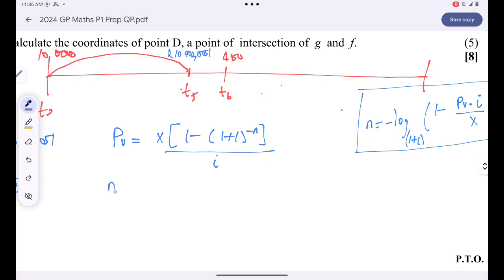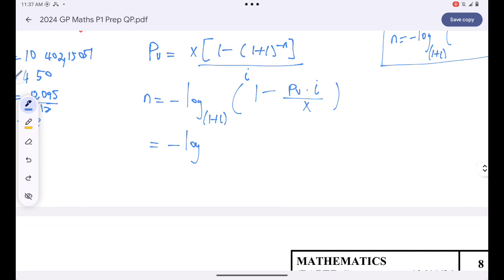So n is equal to negative log of 1 minus present value times the interest all over the installment, with 1 plus the interest as my base.